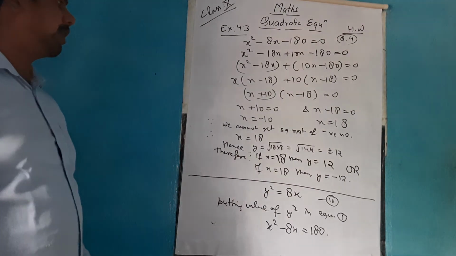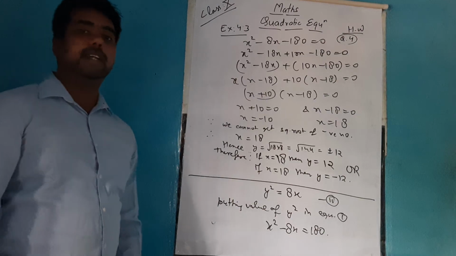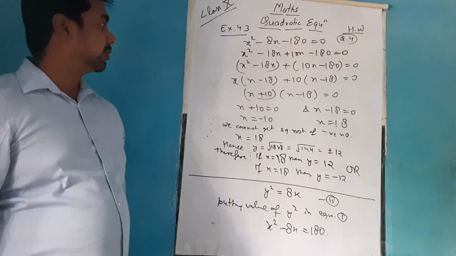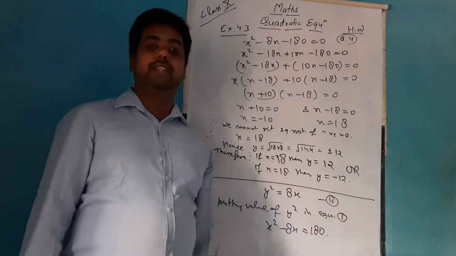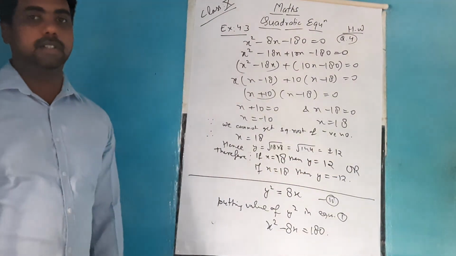So in both cases, the value of x will always be 18 only. So here you get two answers, 18 and 12, or 18 and minus 12. Both the answers will be considered.